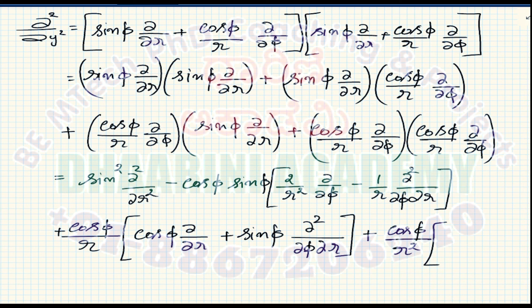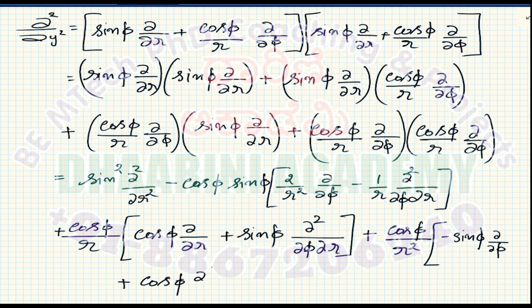When you differentiate partially with respect to this, the cos phi is minus sine phi dou by dou phi. Okay, then plus we keep the cos phi as it is.